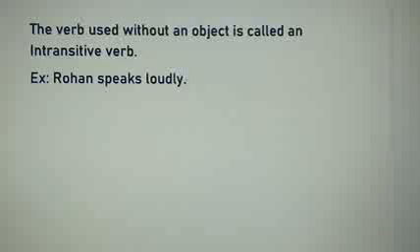Because when you ask speak whom, the answer is not coming. If you ask speak what, still the answer is not coming. So loudly cannot be an object in this sentence. The sentence is completely meaningful without an object. It means the verb speak in this sentence is an intransitive verb, right?